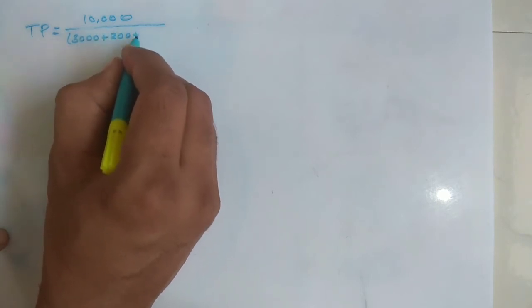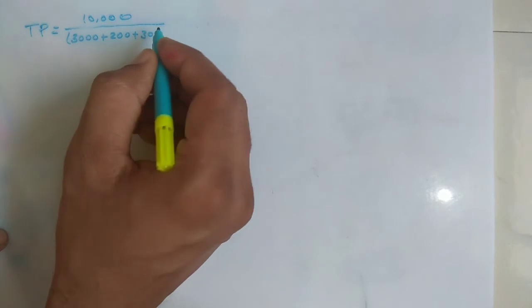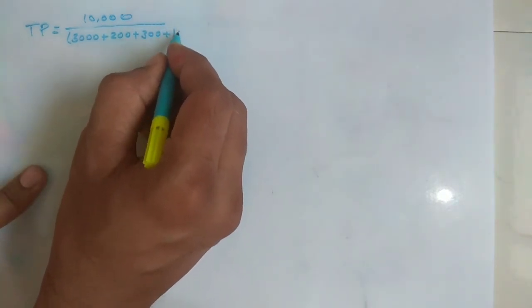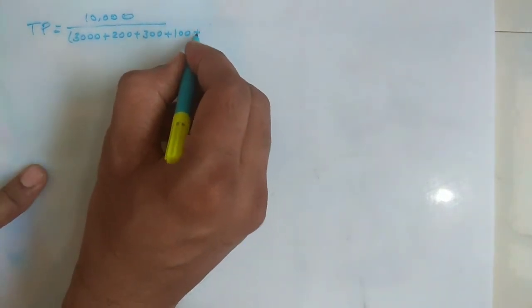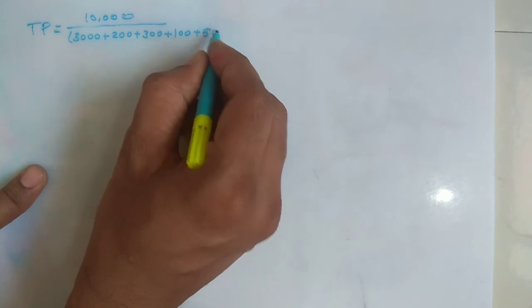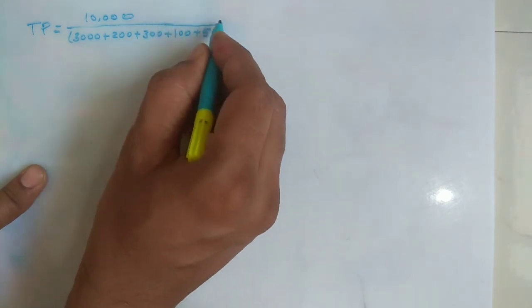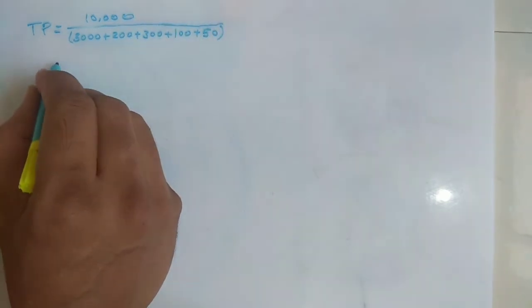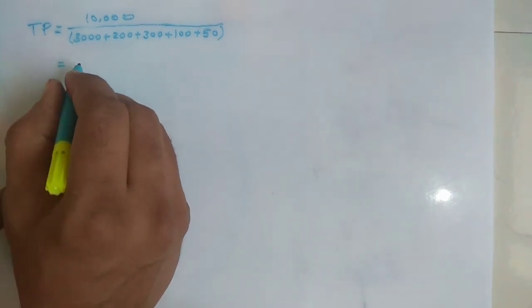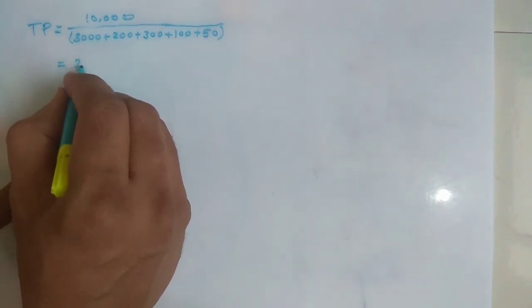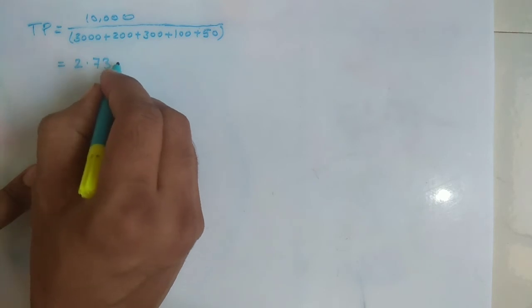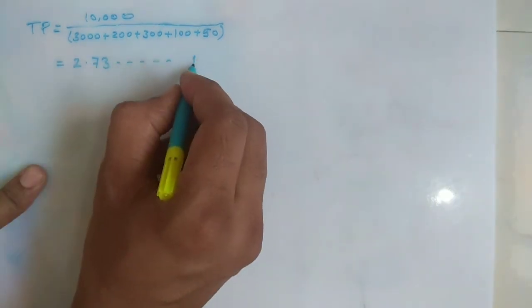You need to add all these inputs, so we get the total input involved in this process. If you put it in the calculator, you will find 2.73. So this is your answer.